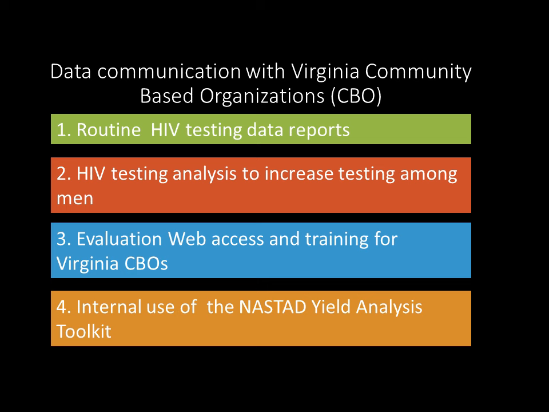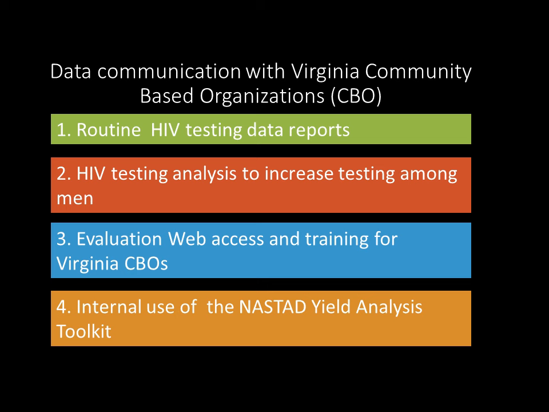So there really are a number of ways that we are communicating data with our community-based organizations, and I'm going to go through each one in a little bit more detail, but just as a general overview, we produce routine HIV testing data reports that we share with our CBOs each year. Additionally, we've recently done an HIV testing yield analysis that really focused on increasing testing among men.